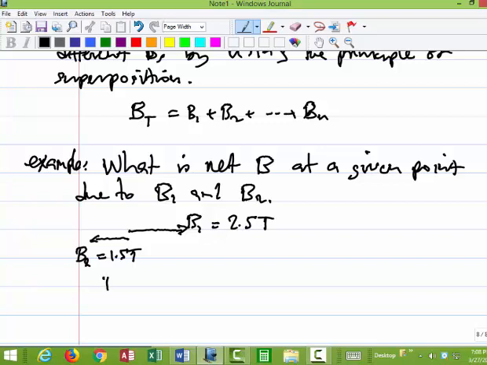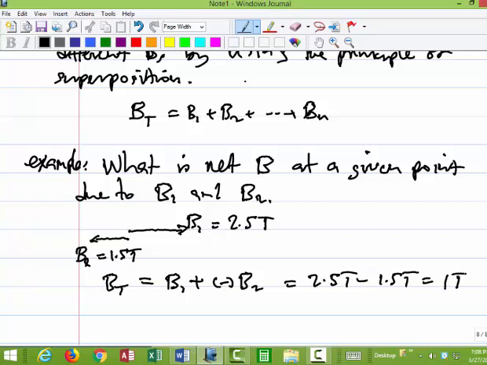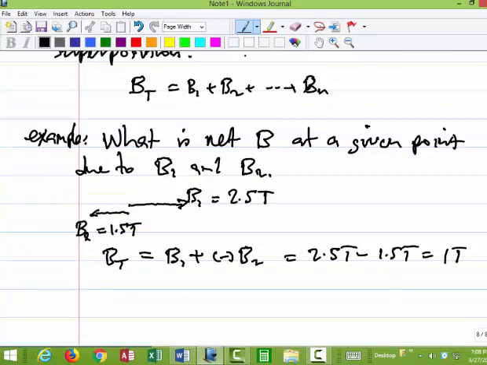We want to find B total. B total is just going to be B1 plus the negative of B2, because these are vectors. So this will be 2.5 Tesla minus 1.5 Tesla, which is equal to 1 Tesla. So the net magnetic field from those two field vectors is just 1 Tesla.